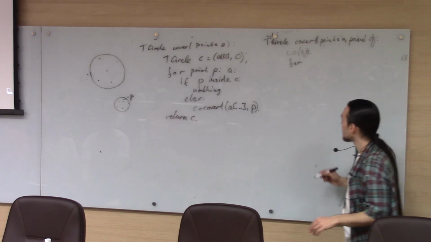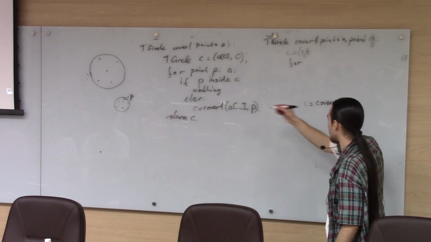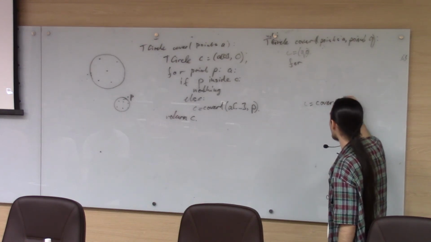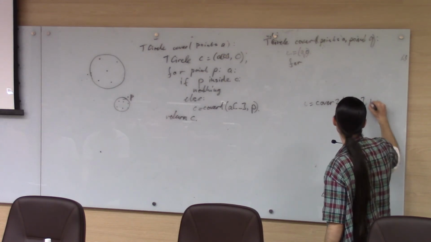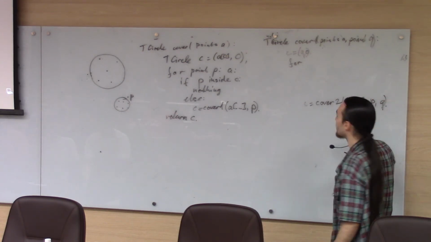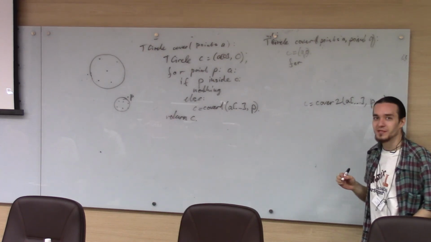So here it will be everything as before, except that we now call another function that takes a set of points, and now has 2 points on the border. Still nothing interesting.